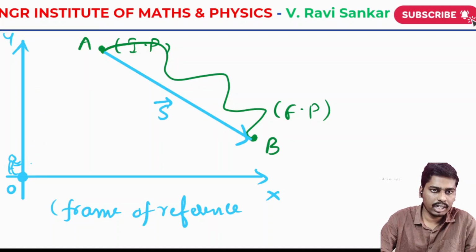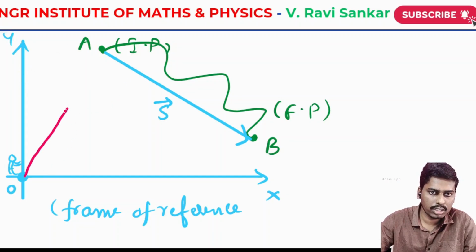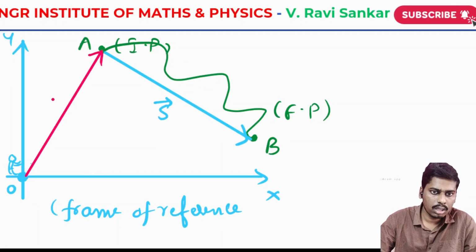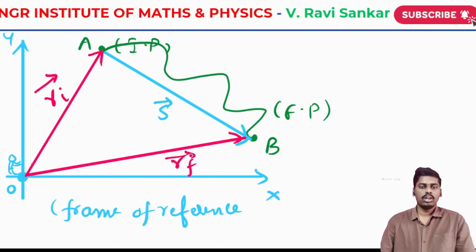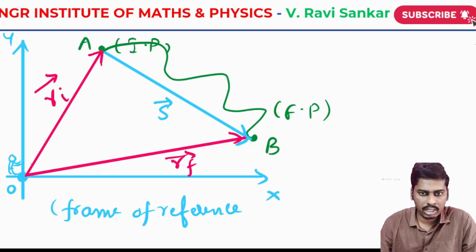The straight line joining this is r initial vector, and the straight line joining this is r final vector. I need to discuss the vector law of addition over here.